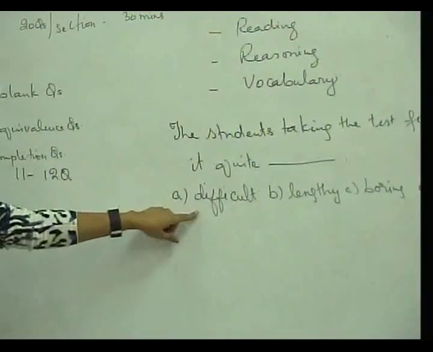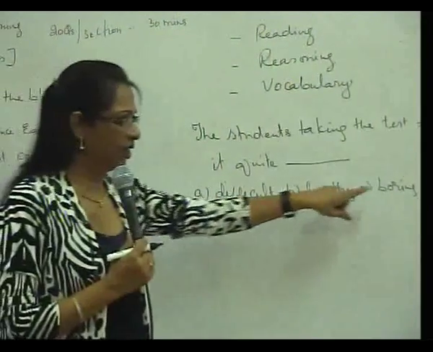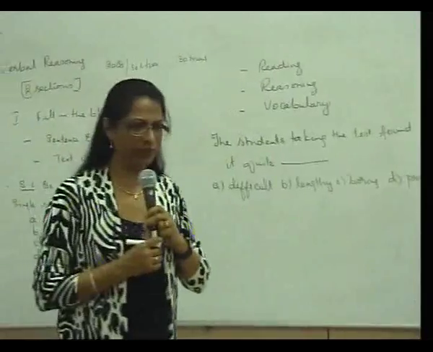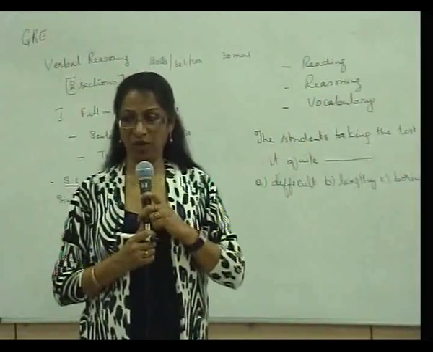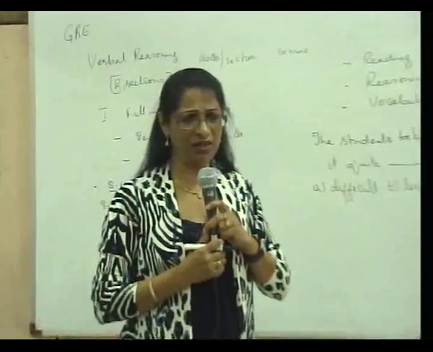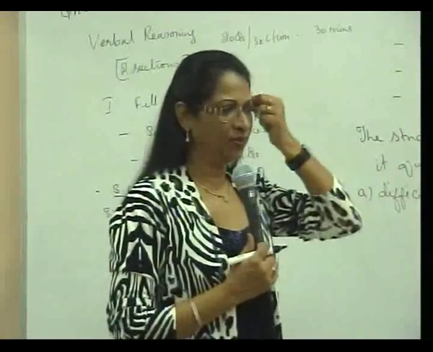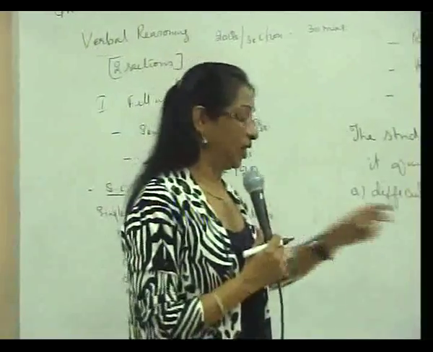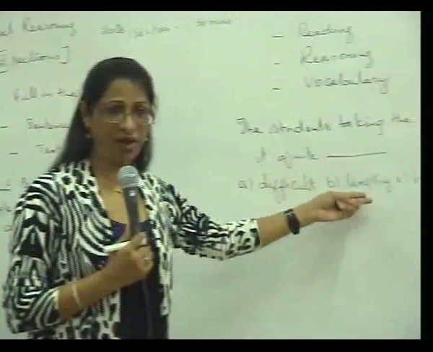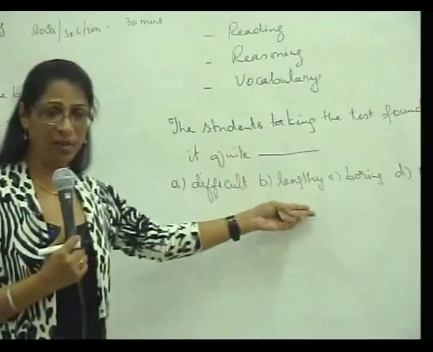I gave you 4 options: difficult, lengthy, boring, predictable. What could be the answer? Difficult, because it's a test, it should be difficult. None of the other options make sense. Lengthy, possible, boring, predictable.